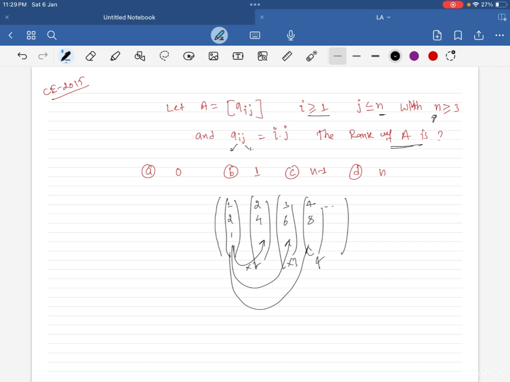So here we will have only one independent vector, and the other columns are multiples of this first column. So in this case we will have only rank one, with one pivot, because all these are multiples. So one is the correct answer for this.